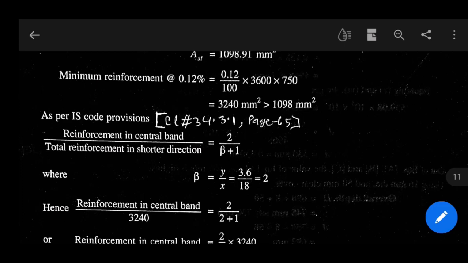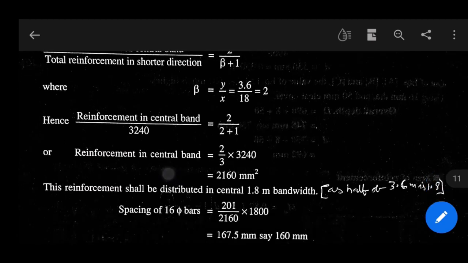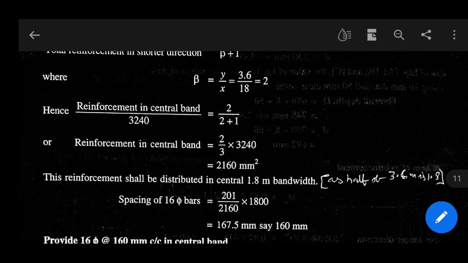Hence reinforcement in central band by 3240 is equal to 2 by 2 plus 1, or reinforcement in central band is equal to 2 by 3 into 3240, is equal to 2260 mm square. So this reinforcement shall be distributed in central 1.8 meter bandwidth, as half of 3.6 meter is 1.8.